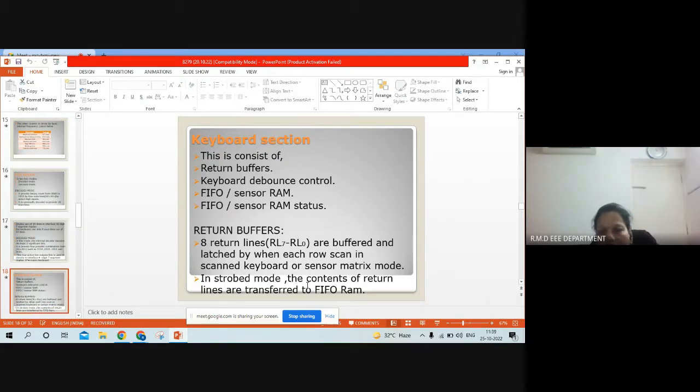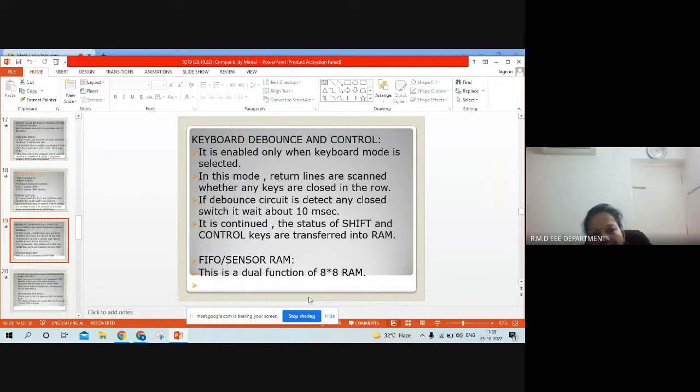So in the strobed mode, the contents of the return lines are transferred to the FIFO RAM. That is, whenever a key is pressed, the corresponding key code is transferred to the FIFO sensor. And then the keyboard debounce and control circuit is the one with which we are able to generate the key code corresponding to the key being pressed.